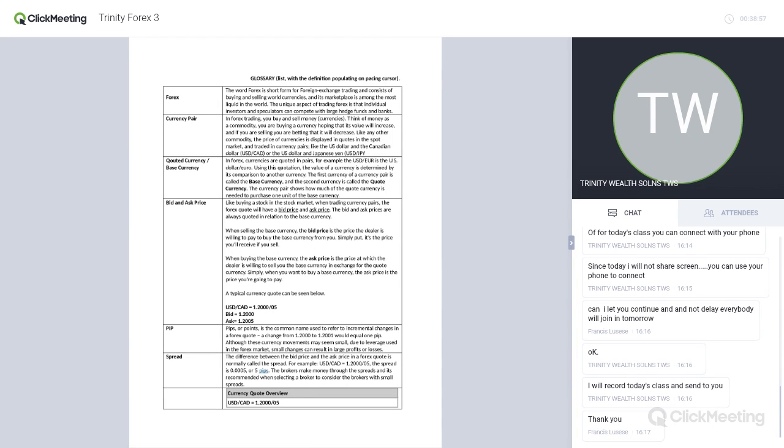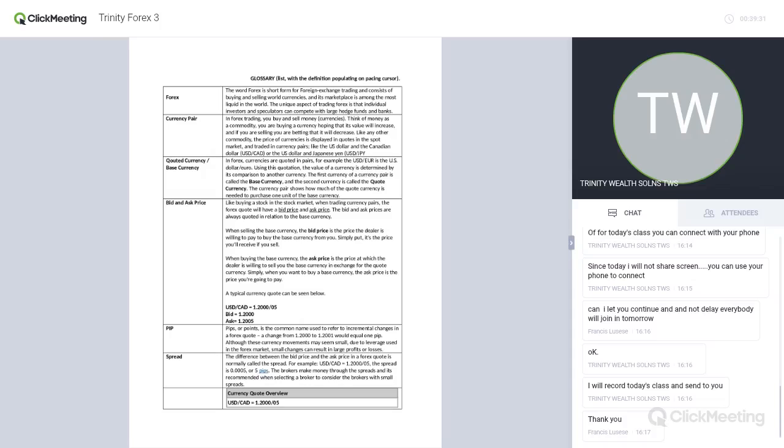When you're entering your trade, how do you interpret the prices you see on the dialog box or on the chart? So the bid price is the price you will receive if you sell. And when you're buying the base currency, the ask price is the price at which the dealer is willing to sell you the base currency in exchange for the quote currency. So simply put, when you want to buy a base currency, the ask price is the price you're going to pay.